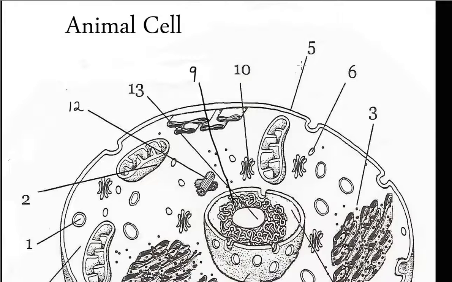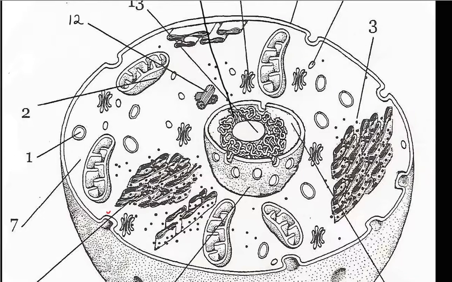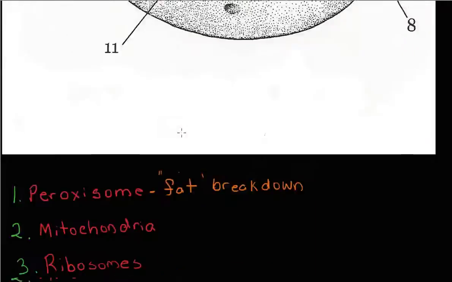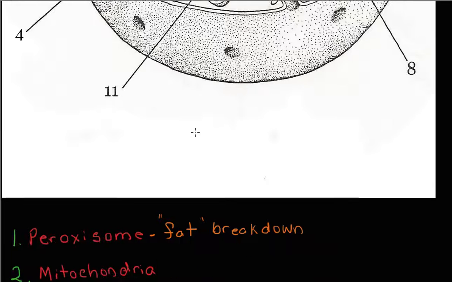So the next one, number two, goes to this organelle. This organelle is called the mitochondria. The mitochondria is, well, the powerhouse of the cell. So let's write that.